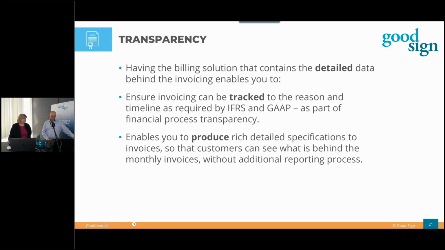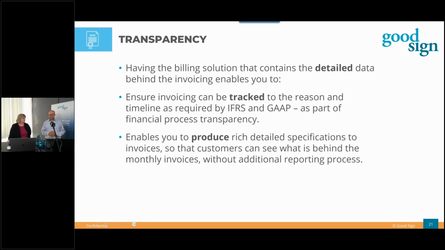Another element is transparency. Customers don't like wrong invoices, but they also like to have a lot of details in it. This is now the invoice, what am I actually paying for? When you can use the detailed data in the background, it gives you the ability to produce quite rich, detailed invoice specifications with the invoice.